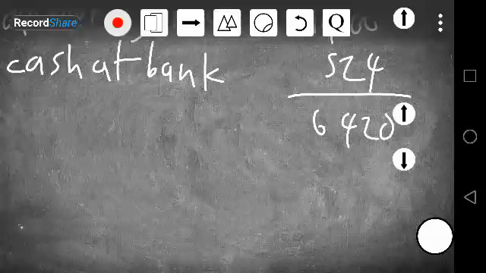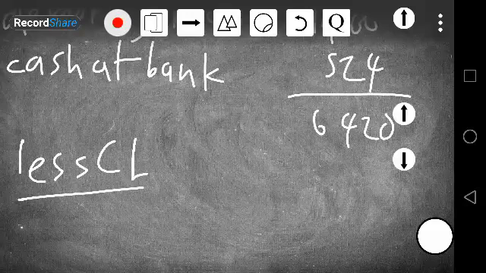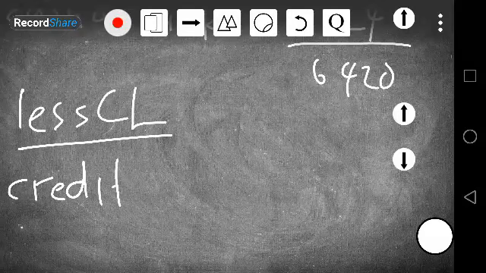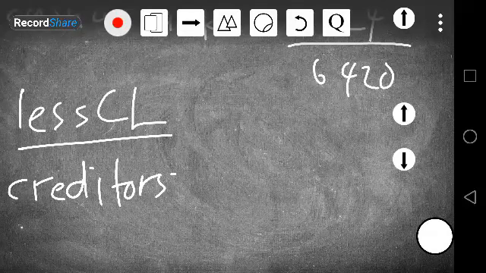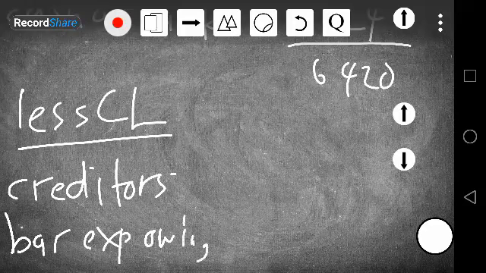Now we need to list current liabilities. Our current liabilities are creditors, and we have bar expenses owed. So creditors is 3,294, and this is 225.